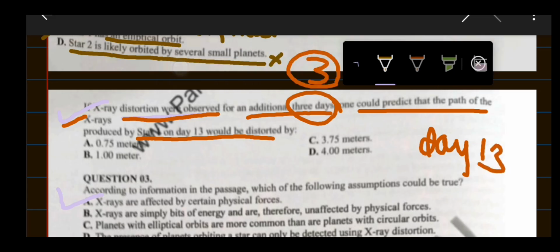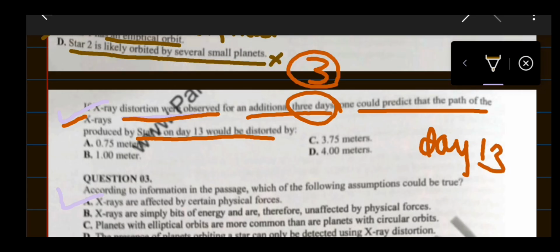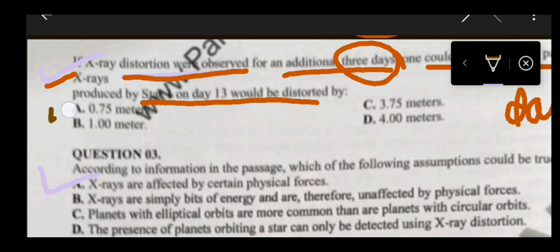So if we can basically determine from this table, here you can see first is 0.75, then B is 1, and then C is 3.75, then 4. So what is the increase? Okay, not this option, but we will be assuming some of the options.